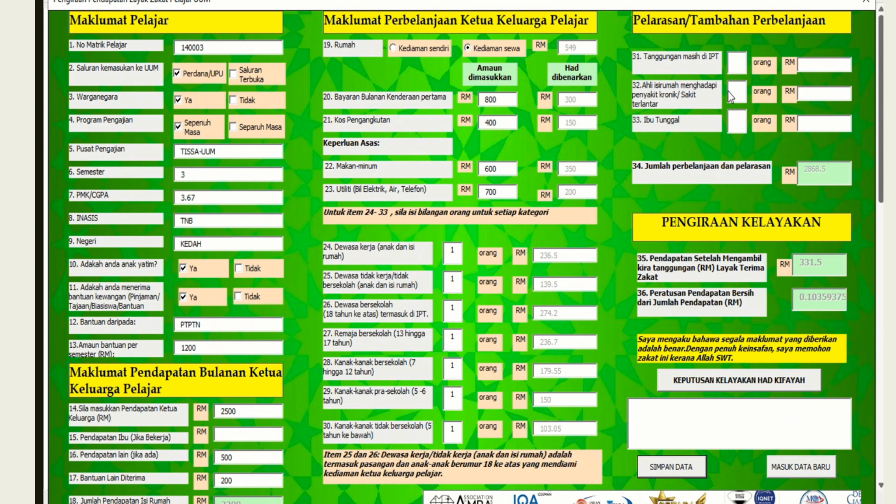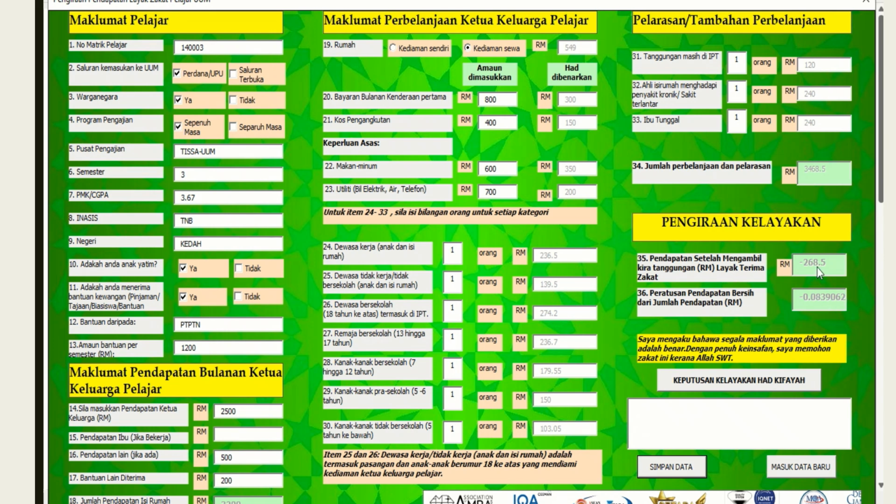Okay, so we can see here there are also some adjustments of 3 categories: those who are in higher learning, if there's any member of the family who has chronic disease, and if the mother is a single mother. So there are additional deductions given.